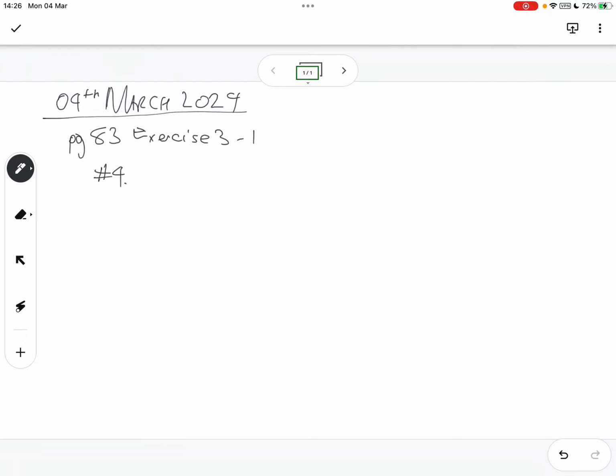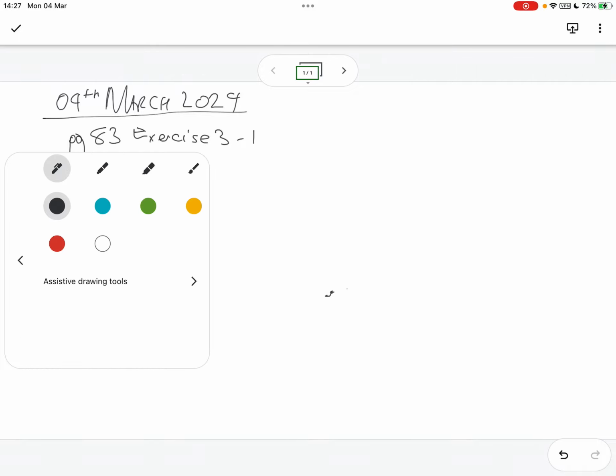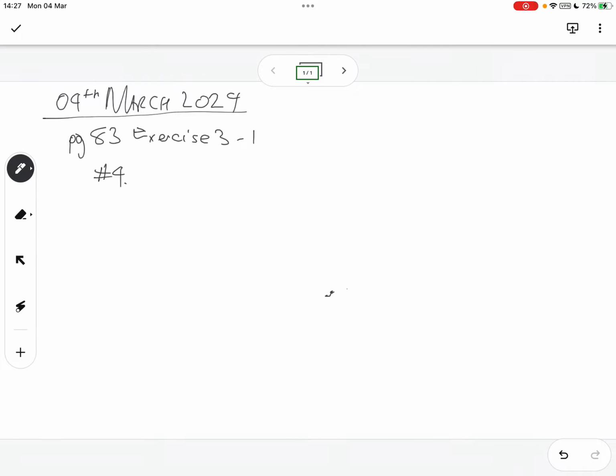Alright, so a ball is dropped vertically from a tower, and then the vertical distance covered in the last second equals the distance covered in the first 3 seconds. You must find the height of the tower. Alright, cool.